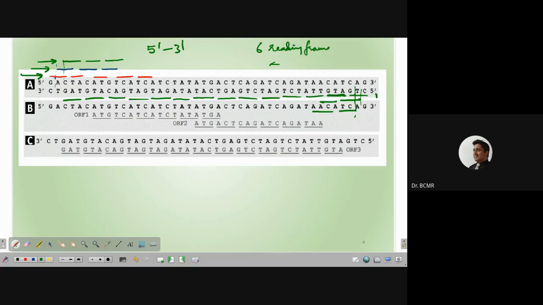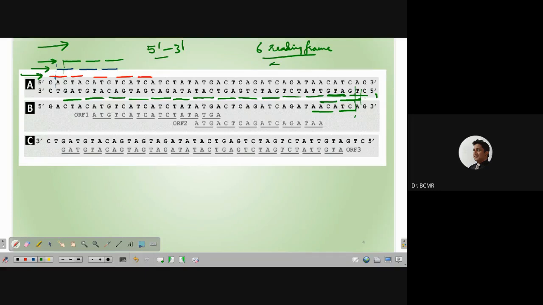Not that all of them would have an open reading frame, but the question is where do you start. So 3 for the top strand, 5 prime to 3 prime direction, and 3 reading frames for the bottom strand, also from 5 prime to 3 prime.